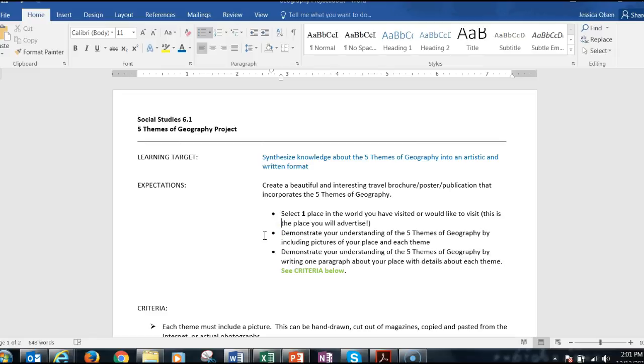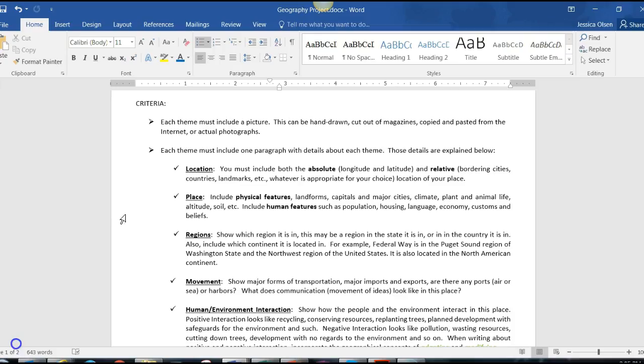Second one, demonstrate your understanding of the five themes of geography by including pictures of your place with each theme, and by writing one paragraph about your place with details about each theme. And so we're going to look at the criteria below.